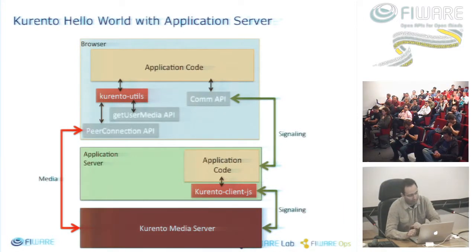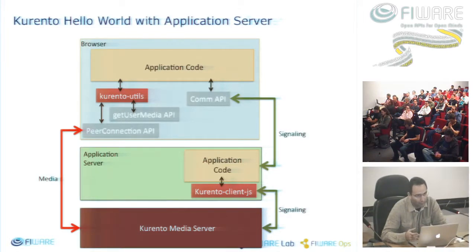We made a demo about this, and today we are going to learn a little bit more about how to create applications for the real world with Kurento, and we are going to show many different capabilities provided by the media server.